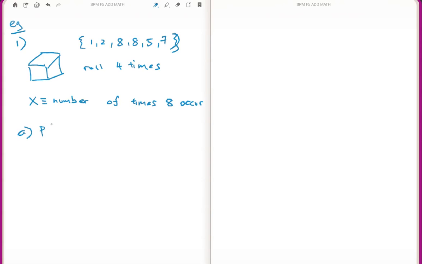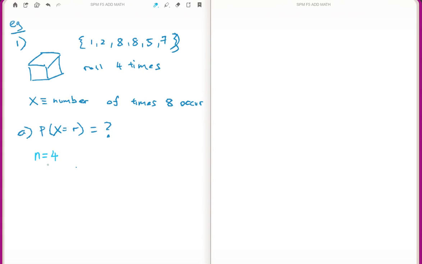What is the possibility for your r? Here, first of all, you need to identify a few terms. First, the number of times is 4.